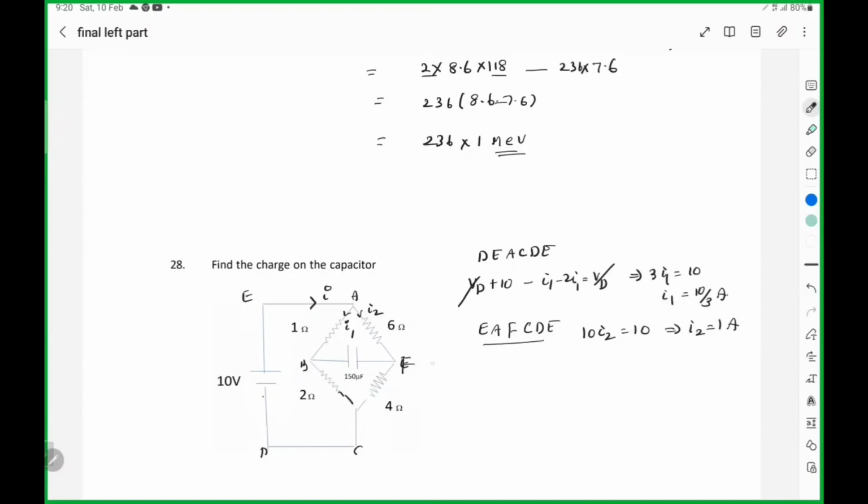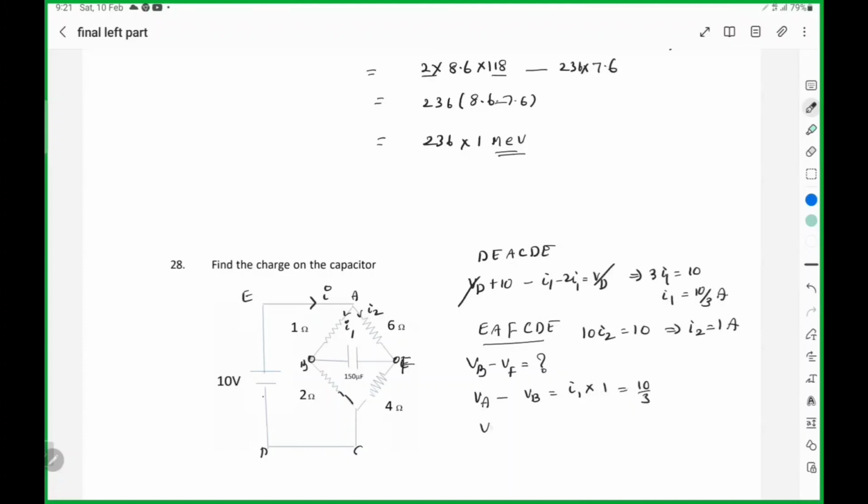So my final intention is to get the charge deposited on the capacitor. I have to find the potential difference across the capacitor. So for this, VA minus VB is equal to I1 into 1. I1 we got as 10 by 3 amperes.